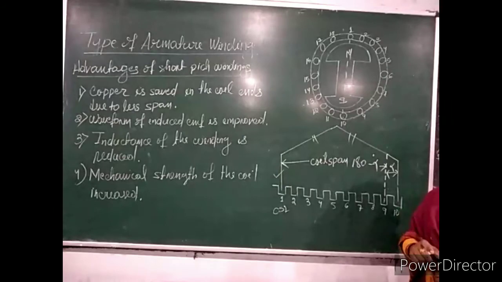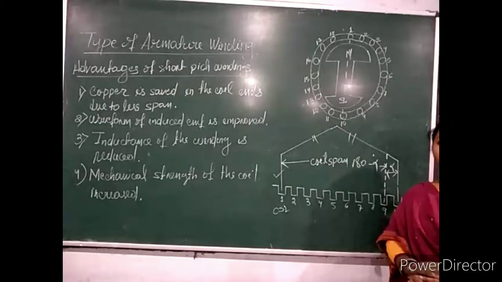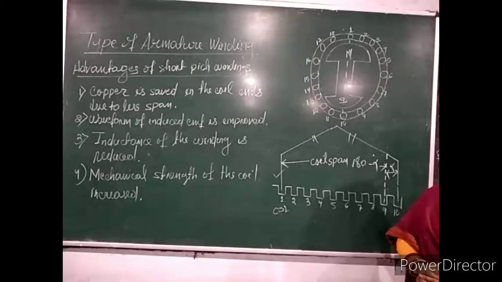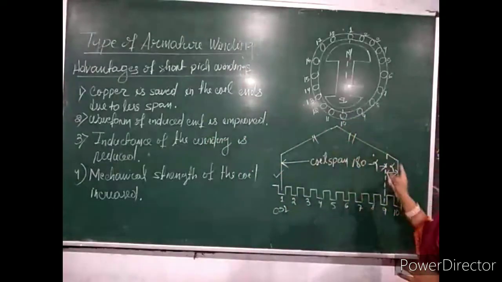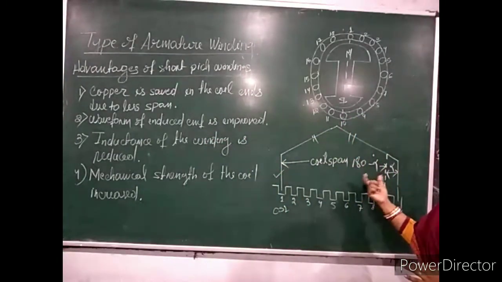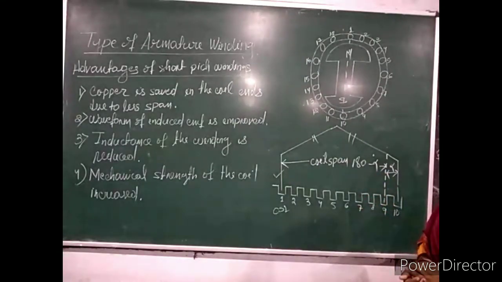It reduces or totally eliminates the third harmonic, fifth harmonic, seventh harmonic, or somewhat reduces these harmonic frequencies, due to which the EMF induced in the coil is also improved. It is more sinusoidal. In short pitch coil, the EMF is more sinusoidal than the EMF of full pitch coil.